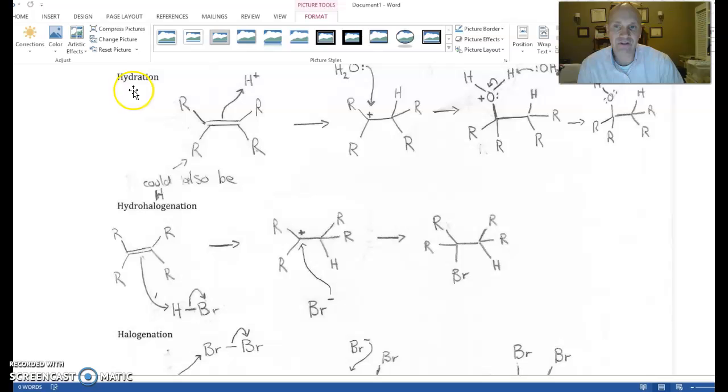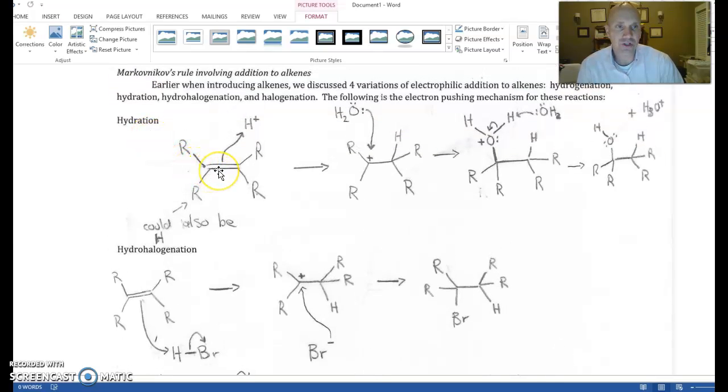But for hydration, remember that is the addition of water to the double bond. In order to do the hydration, you generally need a strongly acidic aqueous solution.